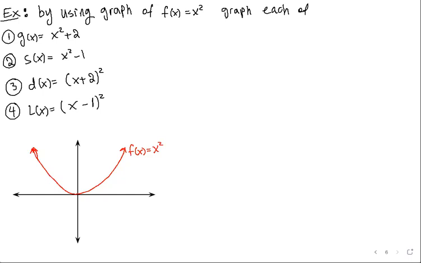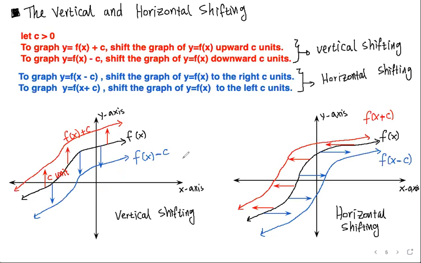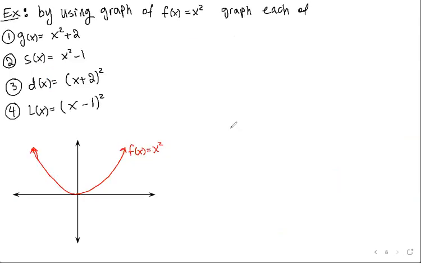By the rules, if the number is outside the function, we have to shift the graph of y equal f of x upward c units. This means we shift the original function x square 2 units up.